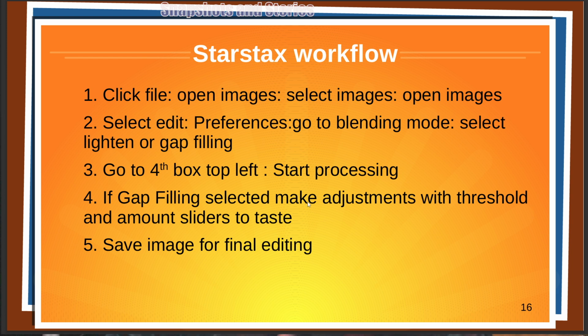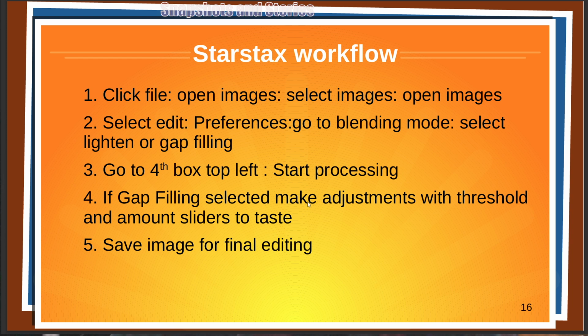So once you've downloaded StarStax, this is the workflow, and this virtually is step by step once you've got StarStax open. Number one, click file, open the images, select the images, which is typically what you would do anyway. You just basically click on the first, click on the last, select them all. And then you're going to select edit and the preferences and go to the blending mode. You can select either lighten or gap filling.